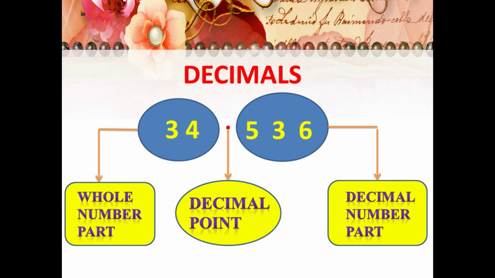Next, the weight of different components in preserved foods, for example, sugar 2.7 mg. Then, the temperature of a place, for example, 20.8 degree Celsius.